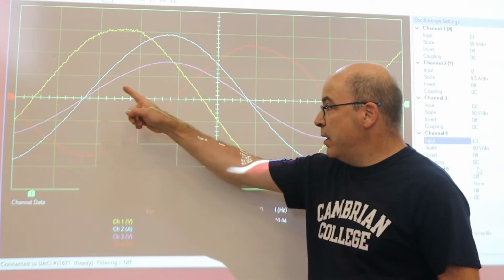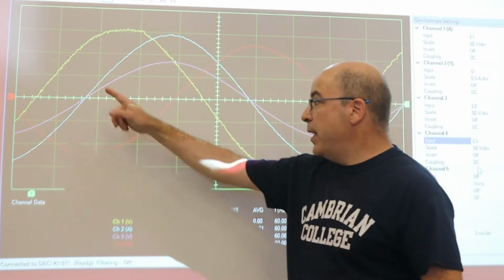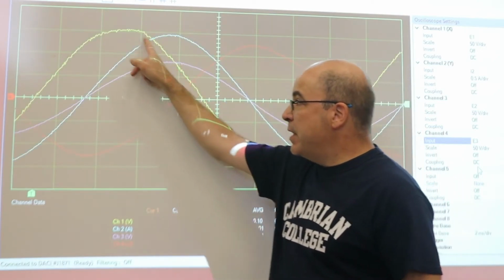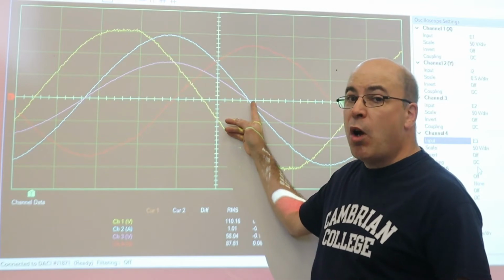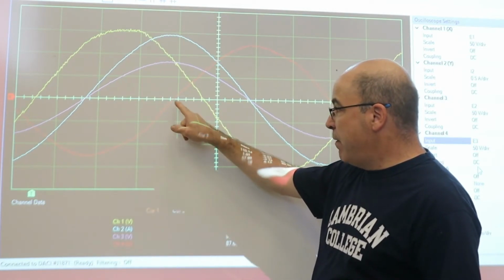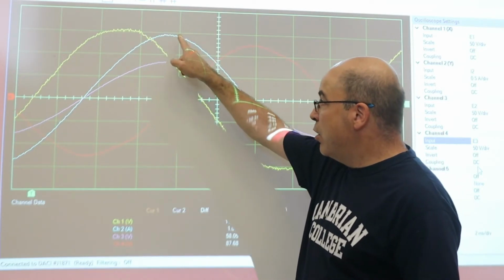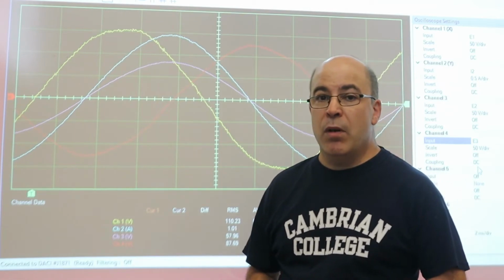The first one in blue represents the current. In yellow represents the voltage for the entire circuit. In purple represents the voltage drop across the resistive load module. And in red, this represents the phase angle difference between the current and the voltage across the inductive load module.